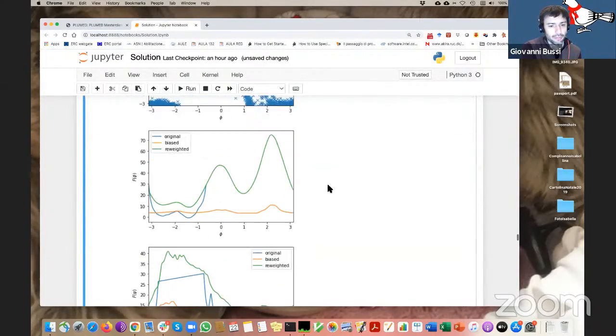And now we can compare the new profile, the green one, obtained with WAM, with the original one, the blue one. You see, they are consistent, not identical, but very similar in this region, again except for an arbitrary vertical shift. Clearly, they are very different here.